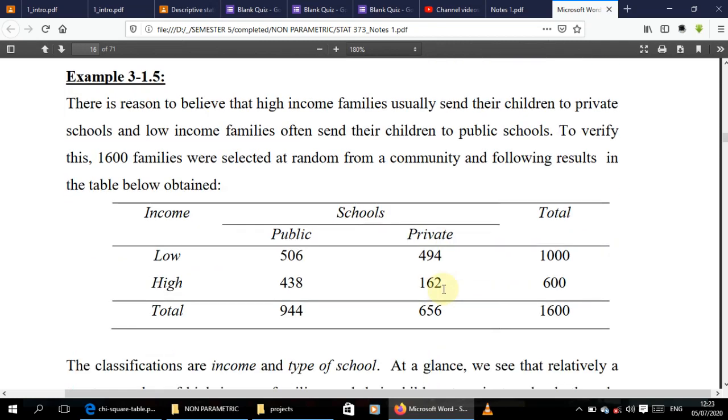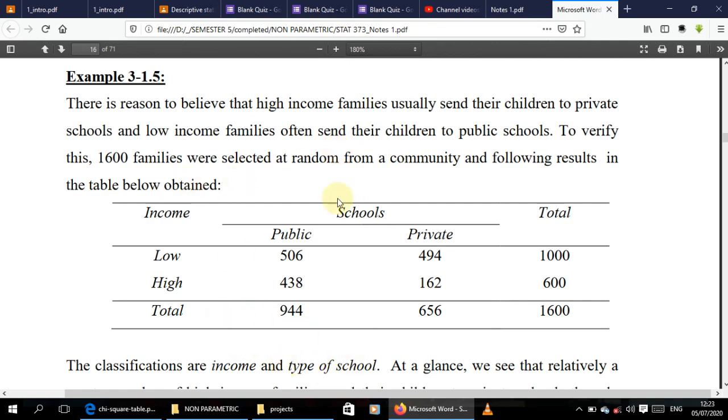So this is an illustration of the contingency table. There is reason to believe that high income families usually send their children to private schools and low income families often send their children to public school. To verify this, 1,600 families were selected at random from a community, and the results in the table below were obtained.